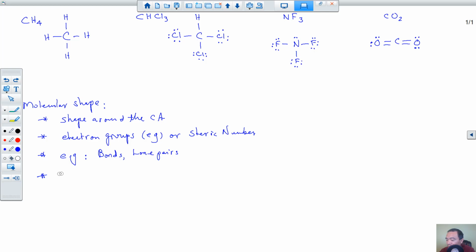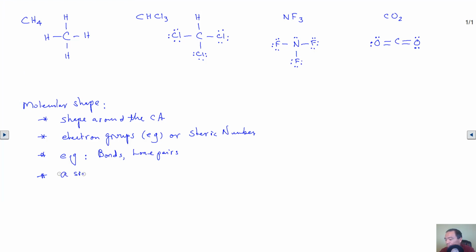If you have one single bond, this is one electron group. If you have a double bond, it's also one electron group. A triple bond, it's one electron group.